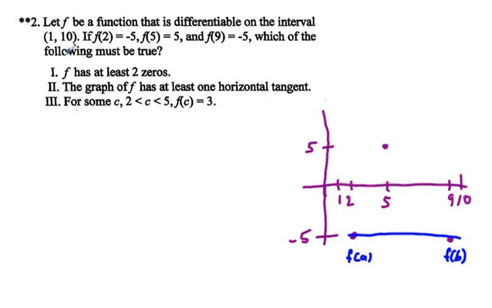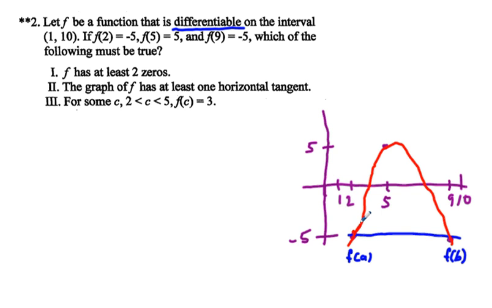The first statement is f has at least two zeros. Well, if the function is differentiable, we also know the function has to be continuous. And so we have something that looks like this. The function will go up from here, cross the x-axis at some point, could go up some more, we don't know, but eventually we'll be coming back down at 9 to equal this.